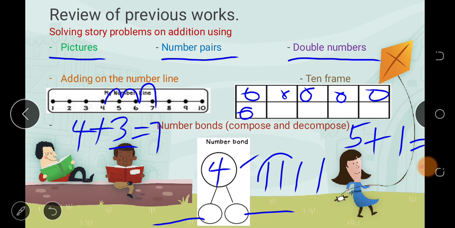I can say 2, and the remaining is also 2. So 2 plus 2 equals 4. I can move on. I do another grouping. This is 3 and 1. So I write 3 plus 1 makes up 4.